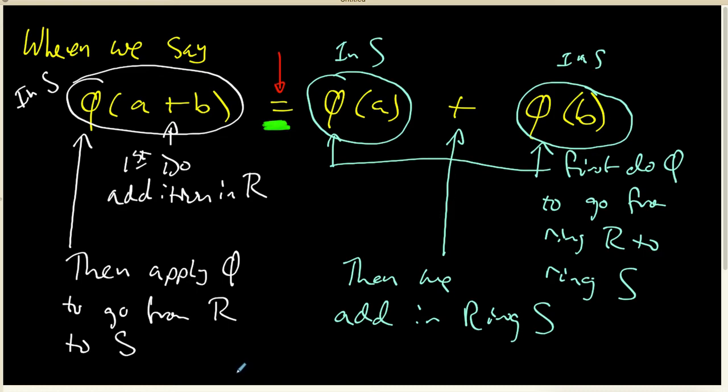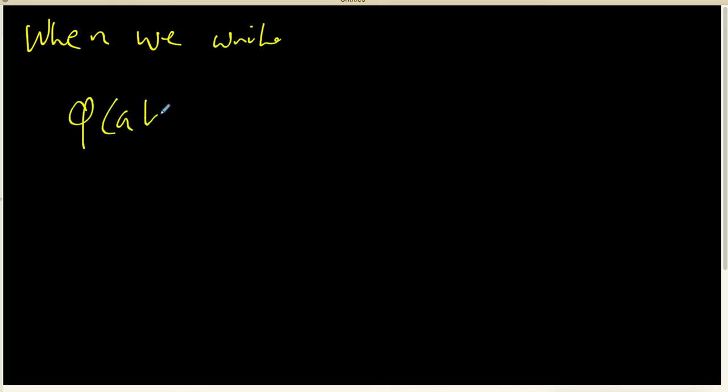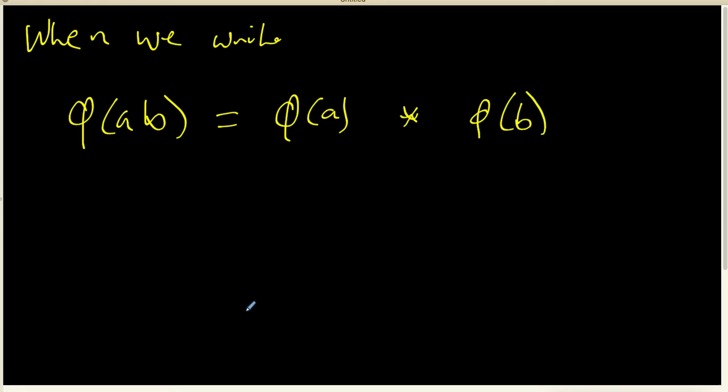The same kind of thing applies with the multiplication property of a ring homomorphism. So, when we write phi of A times B equals phi of A times phi of B, we're actually doing exactly the same kind of thing.